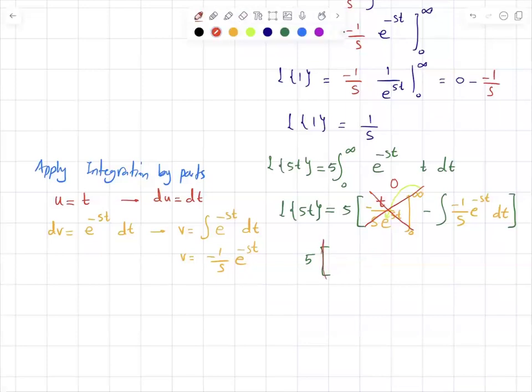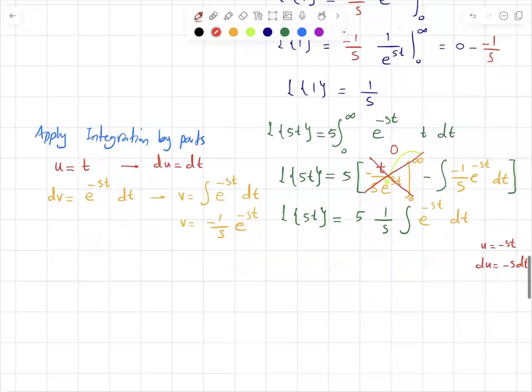So the Laplace of 5t is 5 times 1 over s, the integral of e to the power negative st dt, which is easy to calculate. As usual, let u be negative st, du is negative s dt.